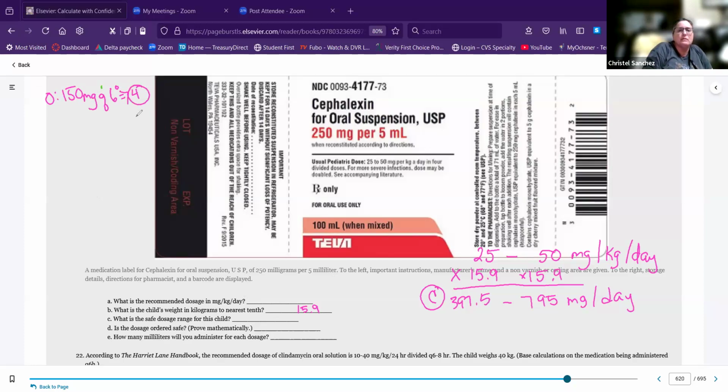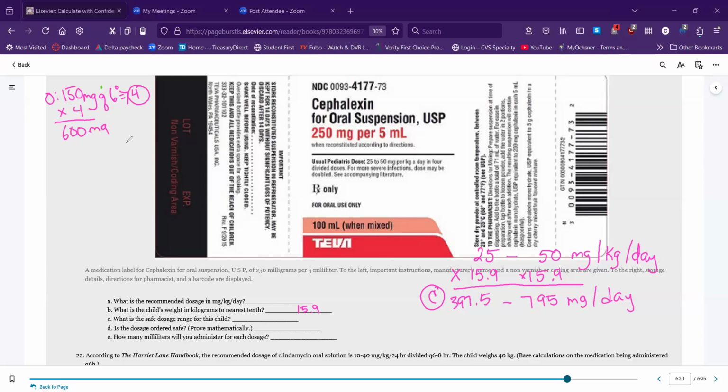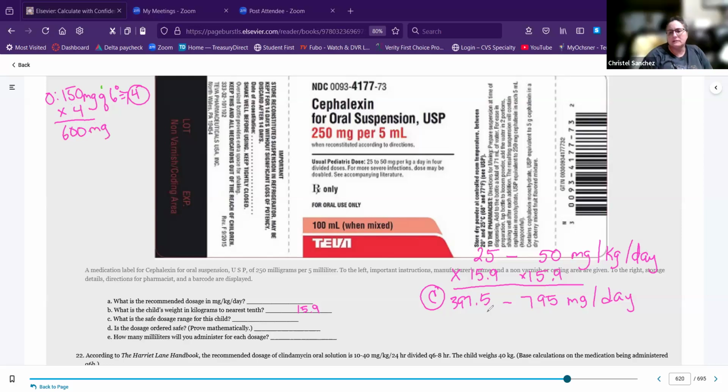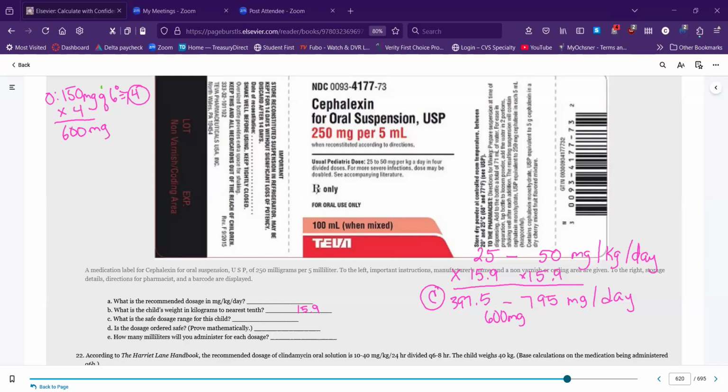That's going to be 4. So since this is per day, we have to multiply this times 4, because that's how many doses the patient is getting in a day. Is that 600, y'all? Yes. So our patient is getting 600. Does that 600 milligrams fall between our range? Yes. Okay, so we are safe.